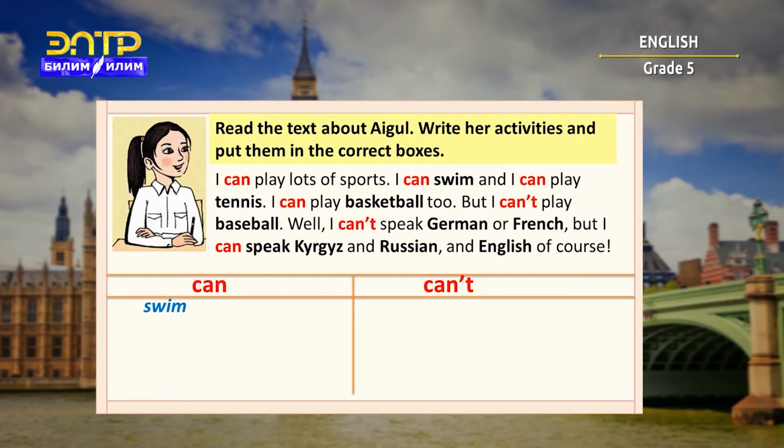Read the text about Issyk-Kul, write her activities and put them in the correct boxes.